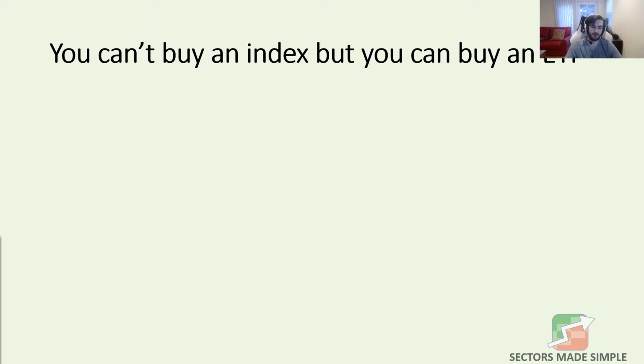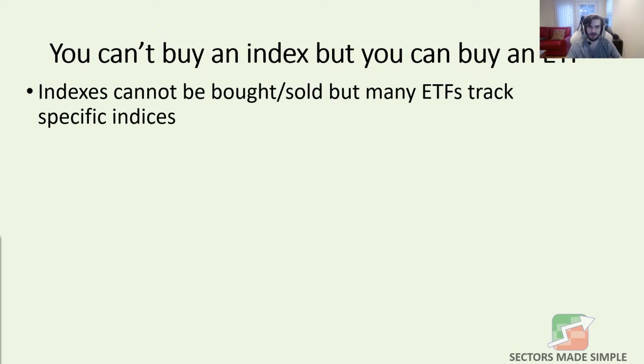They are equities that you can go out and buy into, that then there is a managed portfolio or a passively managed portfolio, but there is a portfolio that is held that is supposed to follow the performance of that market. So they will track an index, and as that index improves, the value of that portfolio will change. So, as I said, indexes cannot be bought or sold, but many ETFs do track specific indices.